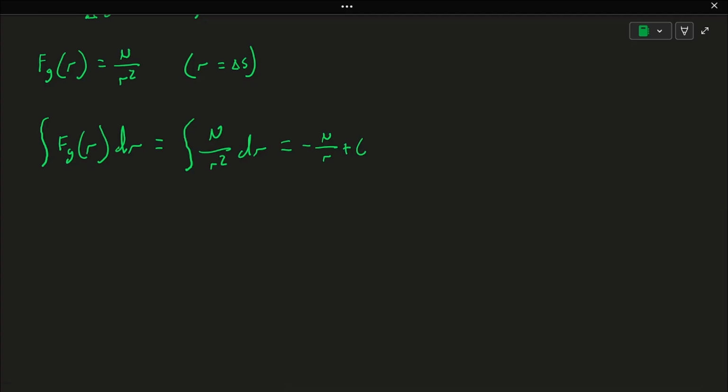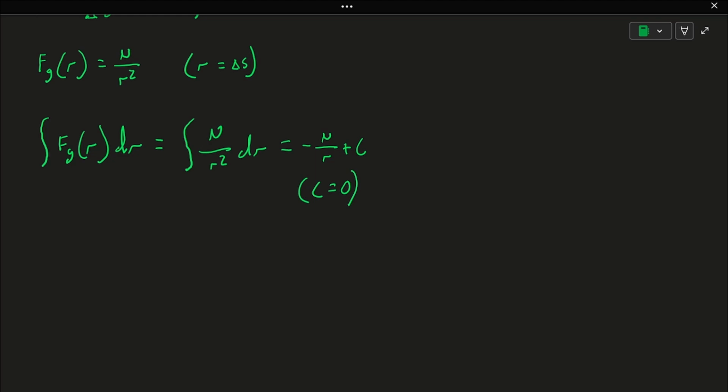Now, this relates to the reference point for our potential energy, because, of course, gravitational potential energy needs some reference point. So what we can do is just set the c equal to 0. And that's almost like setting infinity equal to our reference point, so infinitely far away from our mass.